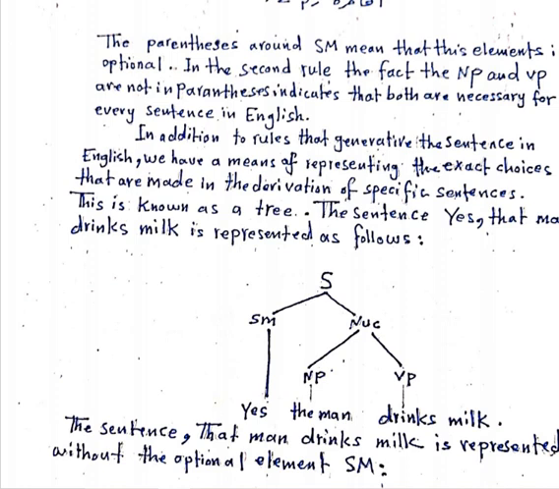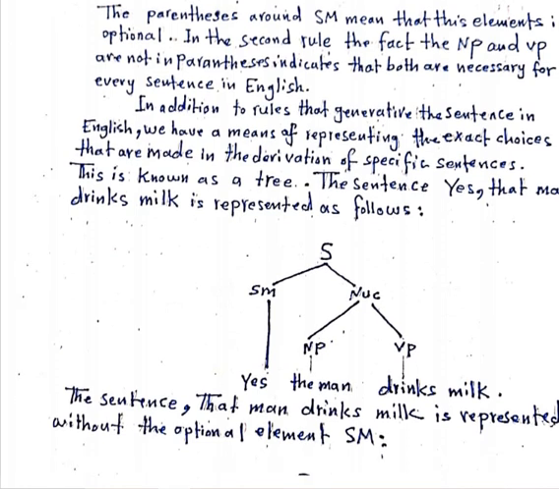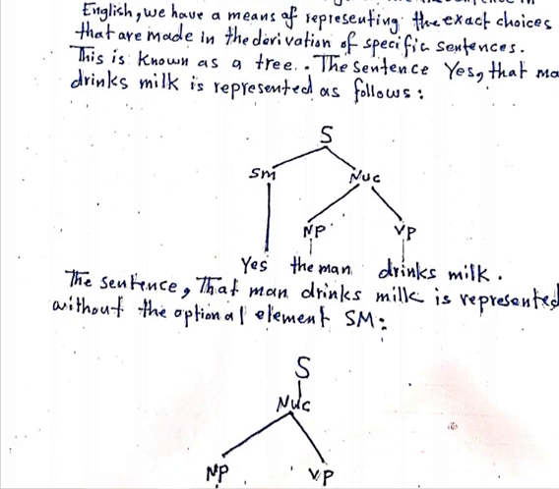That means we have many choices to construct the sentence according to the rules of Chomsky. This is known as a tree diagram.